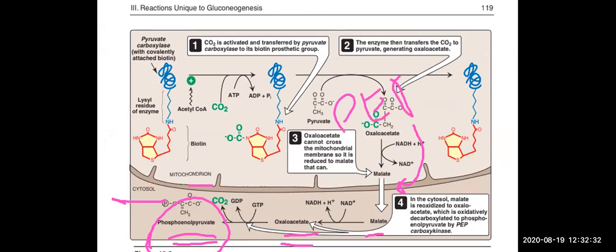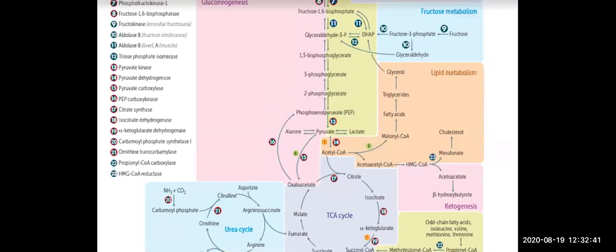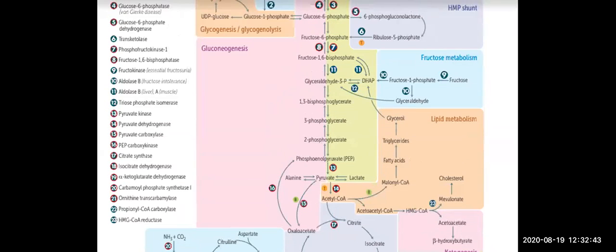Once PEP is formed, it will go back up into the gluconeogenesis cycle. So see here, this oxaloacetate can be redirected to the formation of PEP, and then this PEP will lead you to the gluconeogenesis cycle.